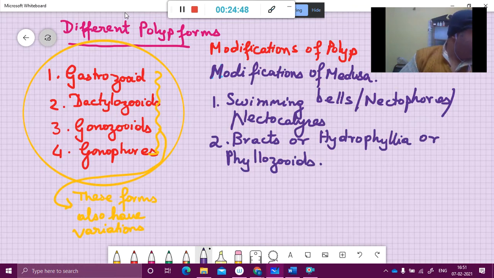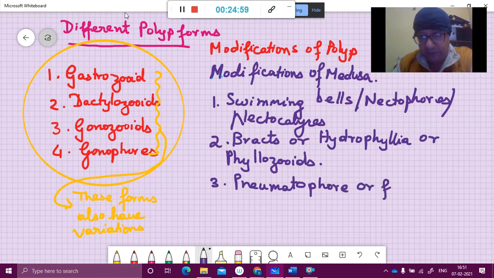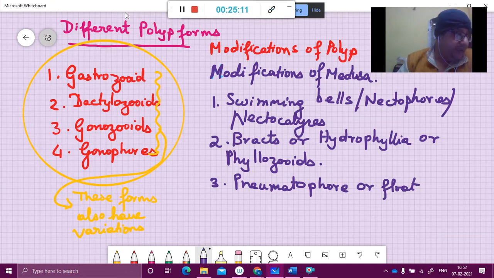Then, most important, the pneumatophore, or float. The thing which you see on top of Physalia or in Halistemma, the one which helps it to float on the top.